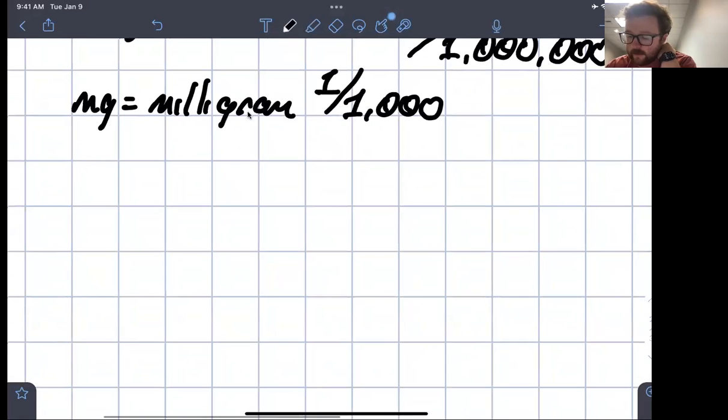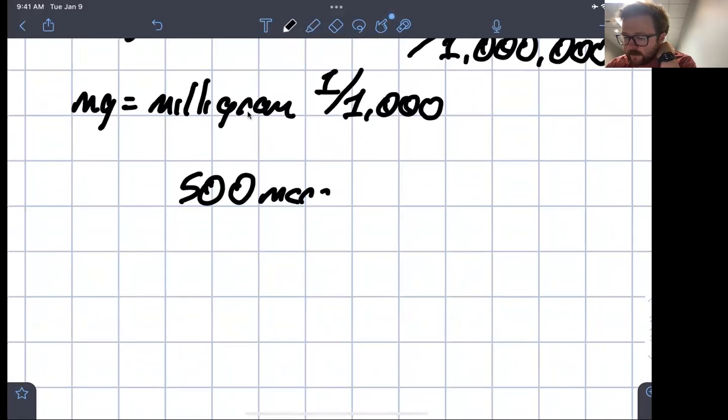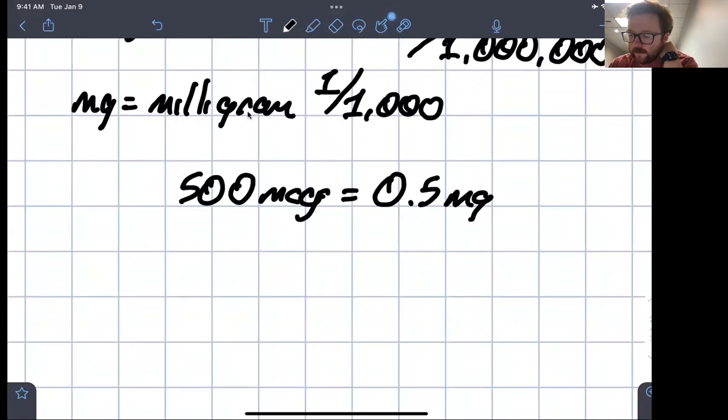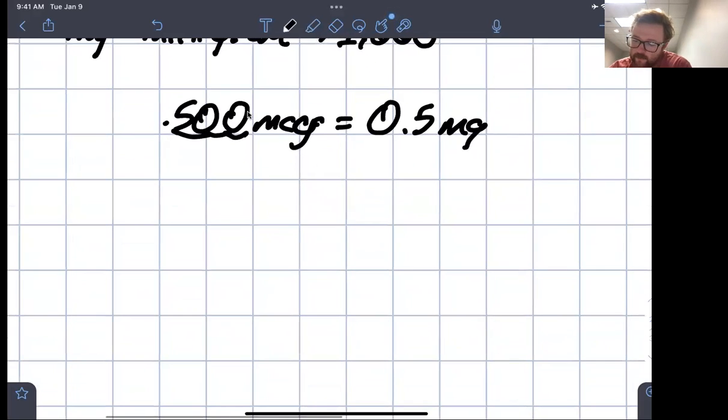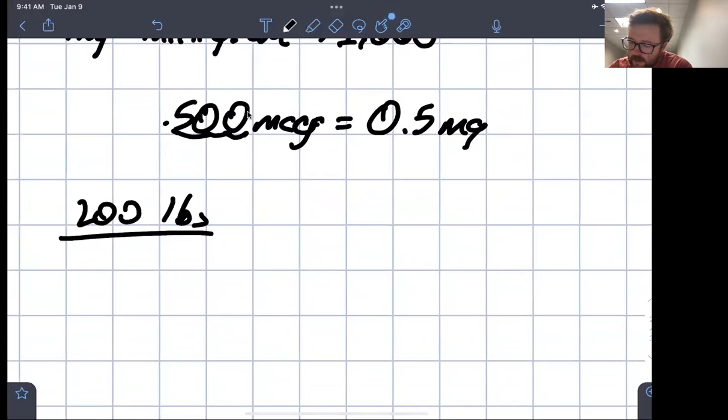So if you said you had 500 micrograms, that would be 0.5 milligrams, right? Because there's three zeros, so it's 1, 2, 3, and it's 0.5 milligrams. Don't forget that. Don't forget that, you know, if I weigh 200 pounds, I need to get that to kilos. You will divide by 2.2 every time, okay?